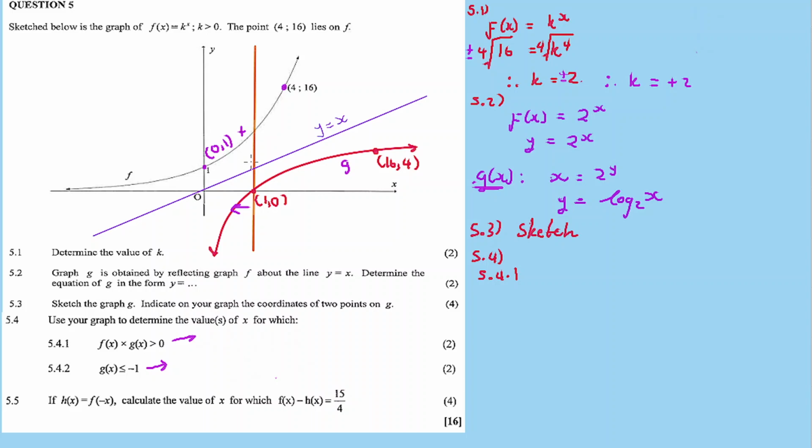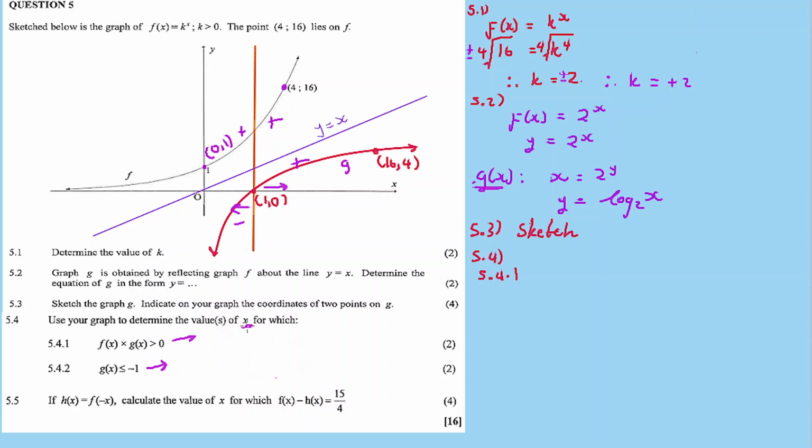So this is positive, this is negative if I move to the left. But if I move to the right, g is positive and f is positive. So therefore this is what I'm looking for, to the right of x equal to 1.